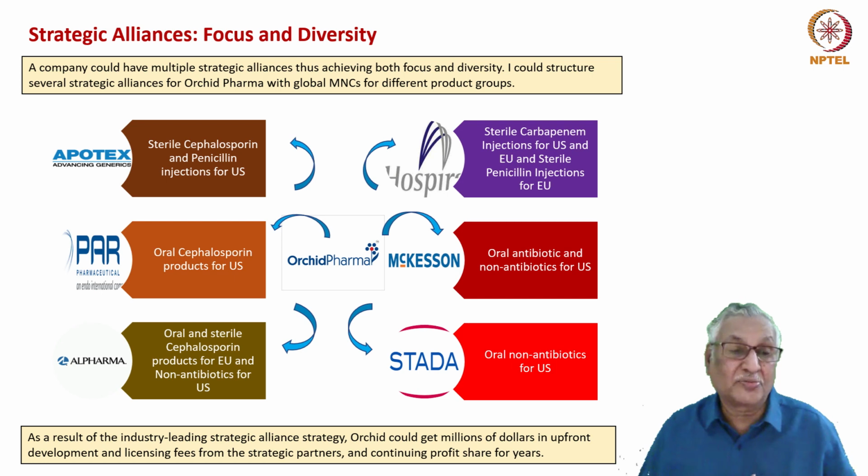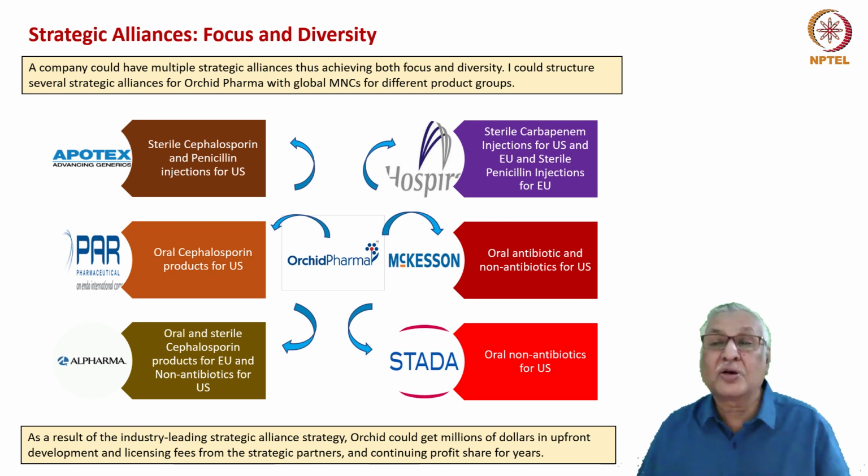I could structure personally several strategic alliances for Orchid Pharma with global multinational corporations for different product groups. And that was made possible because the company could generate its development and manufacturing capabilities through assets and intellectual capability across multiple product groups, across multiple therapeutic groups, and also multiple asset classes and intellectual capabilities.